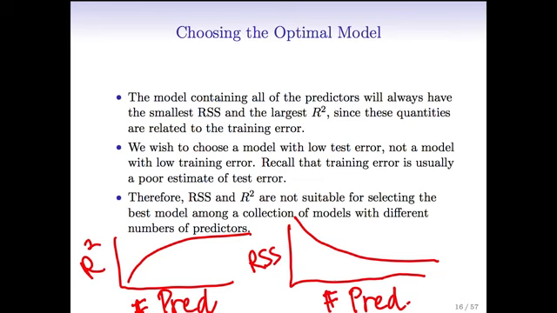But I want a model with low test error because I want it to do well on future observations that I haven't seen, like patients who haven't walked into the clinic yet for whom I'm going to want to predict some sort of response. And unfortunately, just choosing a model with the best training error isn't going to give me a model that has a low test error, because in general, training error is a really bad estimate of test error. And so RSS and R squared just are not suitable for the task of choosing among models with different numbers of predictors.